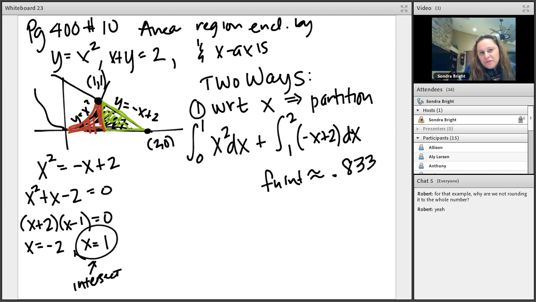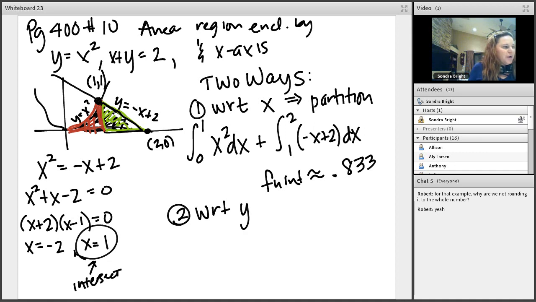Keep in mind, this is a triangle right there, so you could find the area of the triangle for that second part if you need to. But remember, you could definitely do this analytically, meaning by hand, but you have a lot of setup problems to do. So we're going to encourage you to just put it in your calculator with an fnInt. You set it up and let your calculator figure out the rest of it.